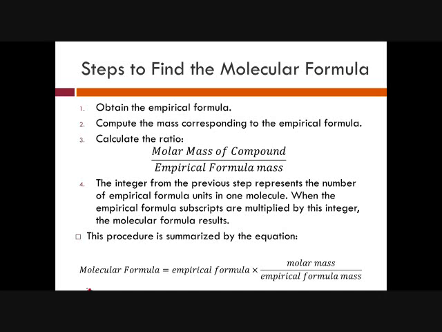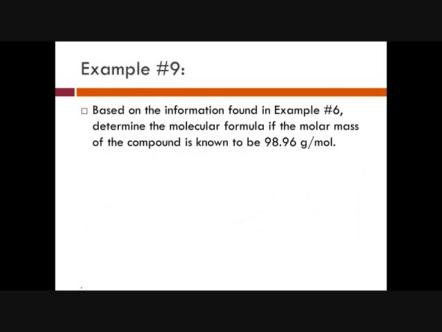Based on what we have in example 6, where our compound was ClCH2, we want to know the molecular formula if the molar mass of the molecular compound is 98.96.